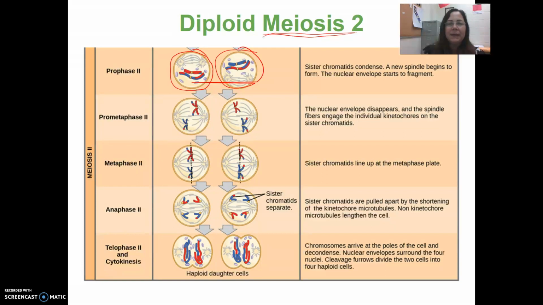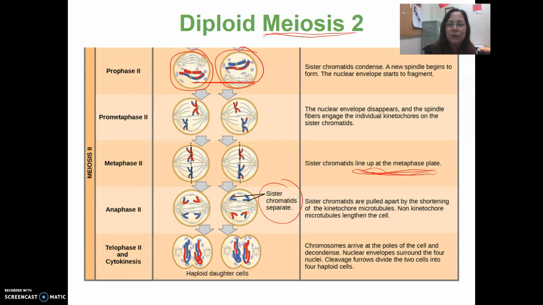But that's it. So then we have prometaphase two, where the spindle fibers will attach to the kinetochores, identical to mitosis, and start moving the chromosomes to the metaphase plate. In metaphase two, they're going to be lined up at the metaphase plate, this time in single file. And then in anaphase two, the sister chromatids will separate, just like in anaphase of mitosis.